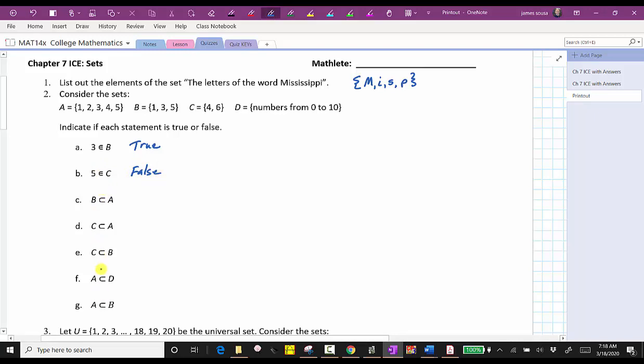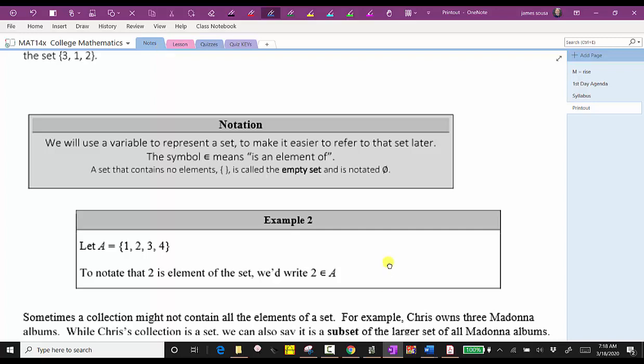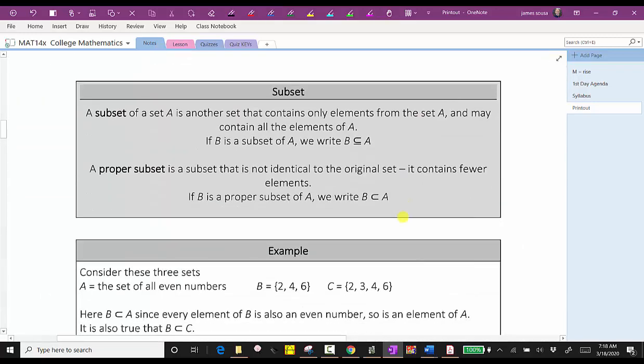For the next several problems, let's review the definition of a proper subset as well as a subset. So going back to the notes, a subset, indicated by this symbol here, of a set A is another set that contains only elements from set A and may contain all of the elements of A. So if B is a subset of A, we indicate this using this notation here.